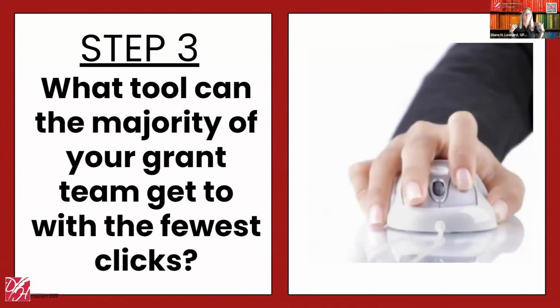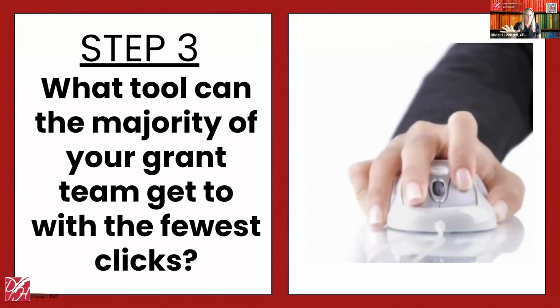And if you're thinking about what it's like to ask a grant team member to contribute and provide information, we don't want to put any barriers in their way. We don't want them to slow down and be like, wait a second. So I have to go here and then there. We want to make it as fast, easy, efficient as possible for them to get into the document, into the budget draft, into the logic model where we want their input as possible.